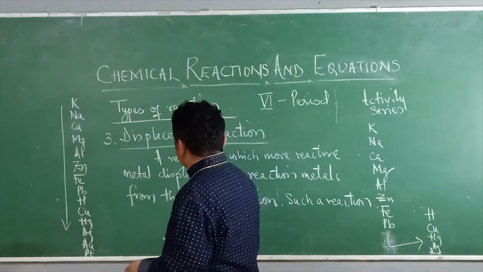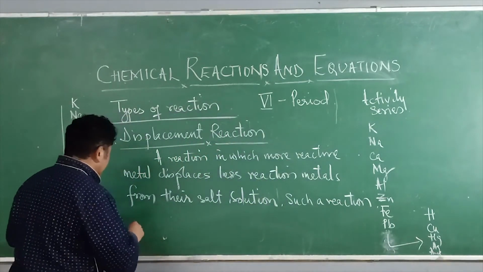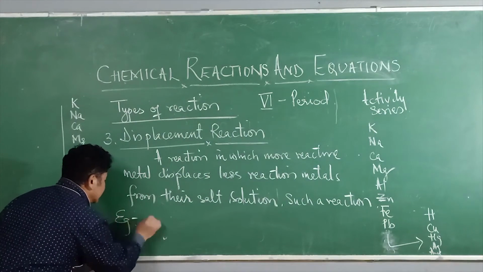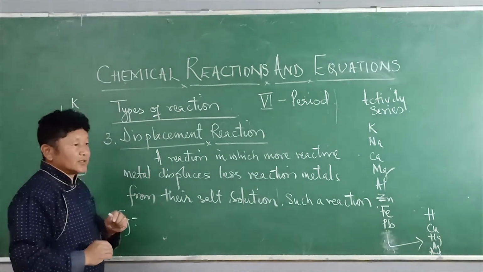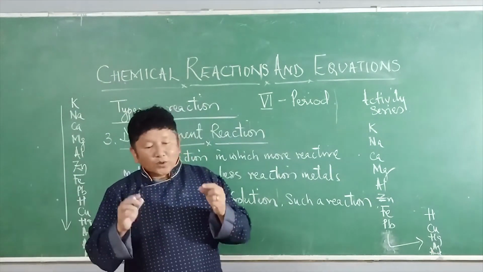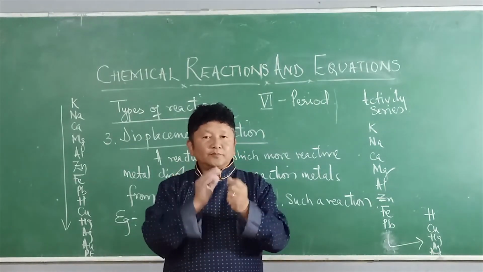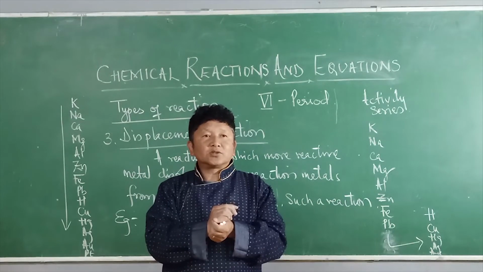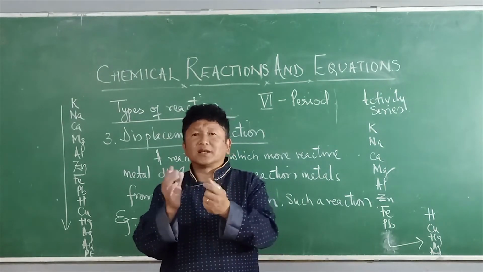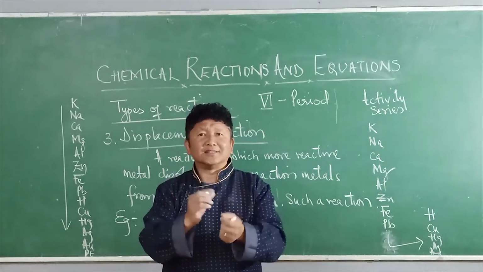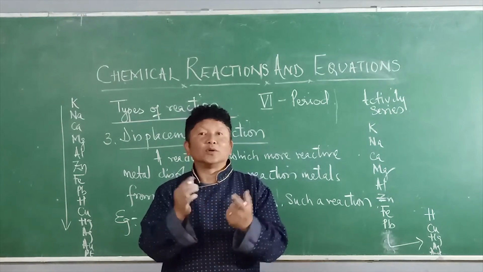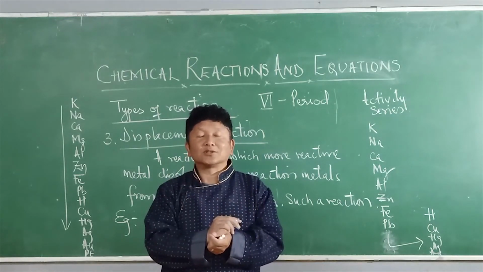Here, if I take an example of a displacement reaction, what will happen if you place some copper sulfate solution in an iron tin or iron can? What will happen? Now this is the question.